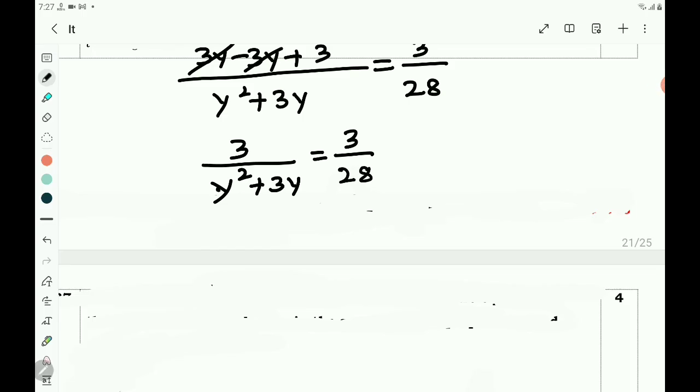Do the cross multiplication. 3 into 28 equals 3 into y square plus 3y.